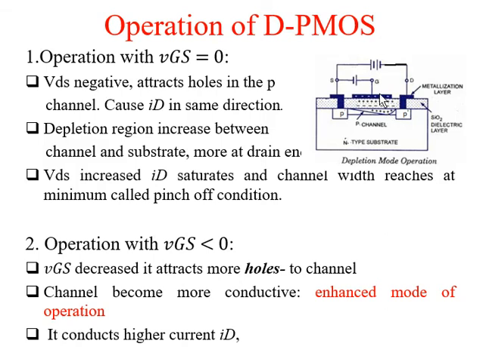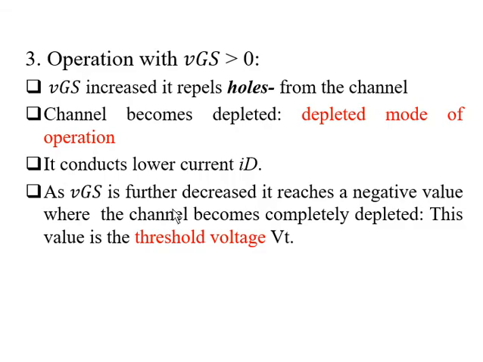If we apply more and more positive voltage at the gate side, the channel is completely depleted of mobile charge carriers. The rate of recombination will increase and the free holes will be absent. That voltage is called the threshold voltage, and that mode of operation is called depletion mode of operation.